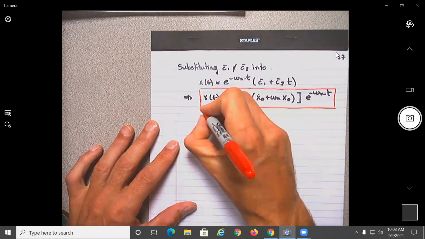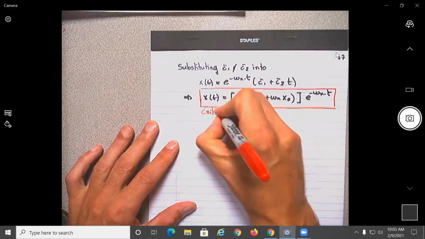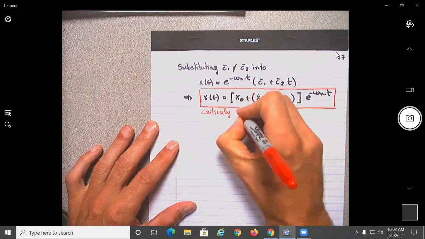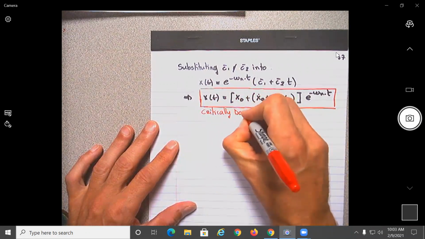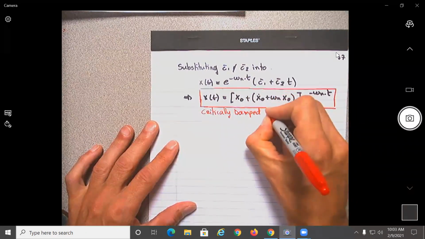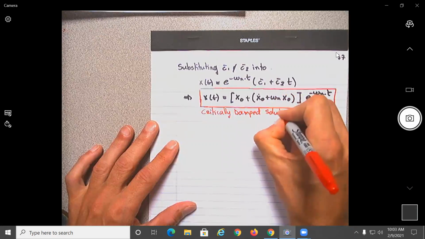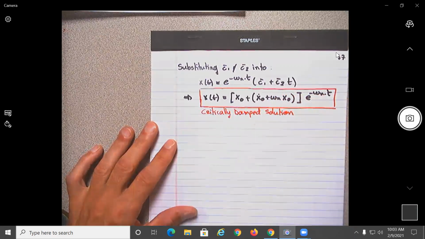Okay, so this will be the critically damped solution.